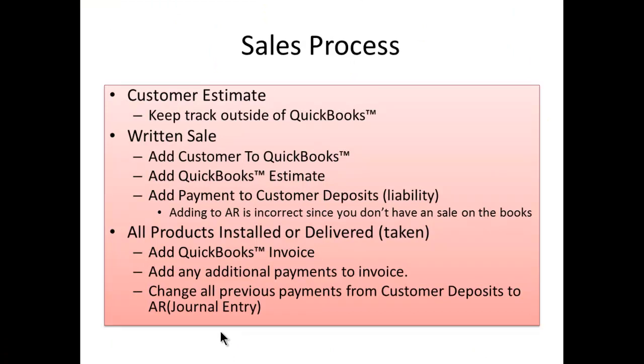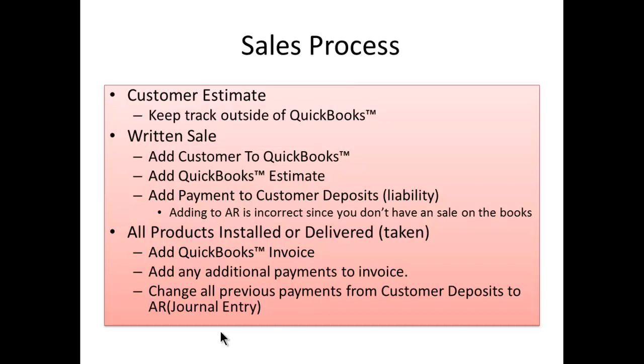Now the second part of this: we've got the written sell in there. We have customer deposits. In fact, they gave us two deposits, one of 200, one of 400, and they're in our customer deposits liability account. Now you go out and schedule the job, the carpet comes in, and you go out and actually install the job.